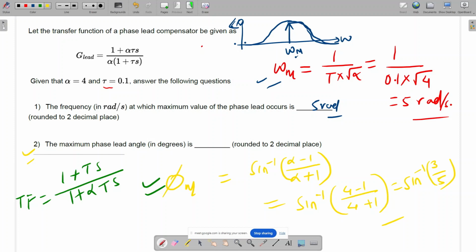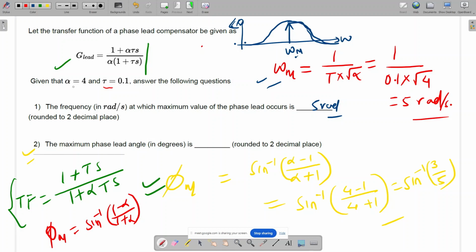One second. We can write the formula in a different notation. For a transfer function of the form 1 plus Ts divided by 1 plus alpha Ts, the formula is phi m equal to sine inverse of (1 minus alpha) divided by (1 plus alpha), because alpha will be less than 1 there.